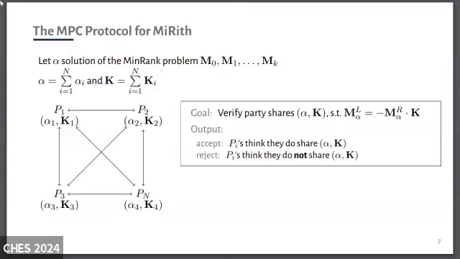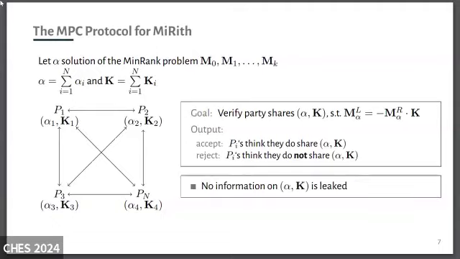We want to verify that alpha, K is indeed a solution, such that M alpha L is equal to minus M alpha R times K. The protocol should accept if this is true, and obviously we want that no information on alpha and K is leaked to any of those parties.